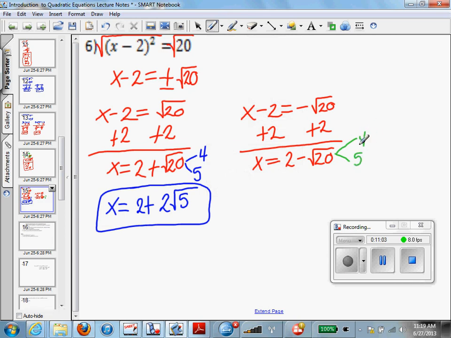Remembering 4 is that perfect square, we can pull it out in front of the radical as a 2. It's going to keep that negative with it. And we have to leave 5 on the inside of the radical. So our final answer is going to be x equals 2 minus 2 radical 5. So for this one you have 2 answers.